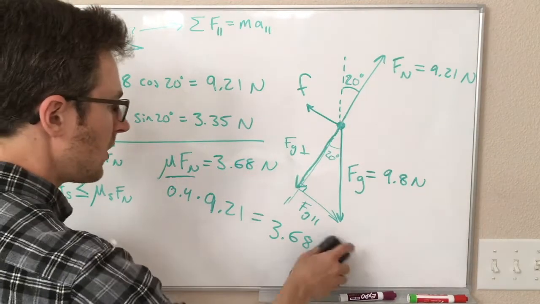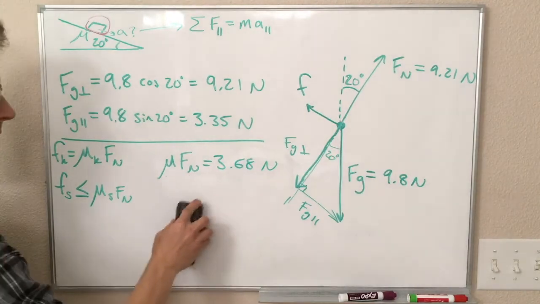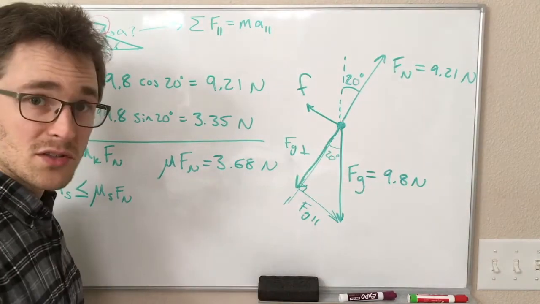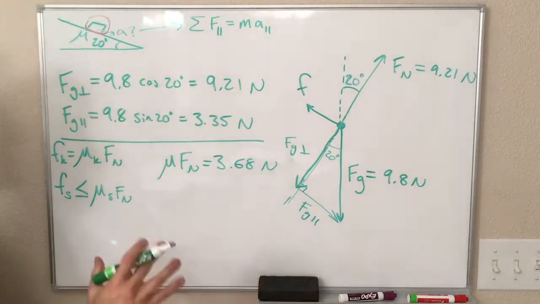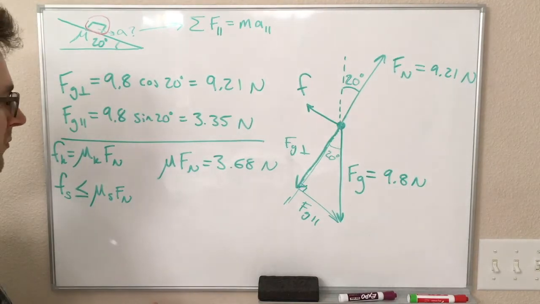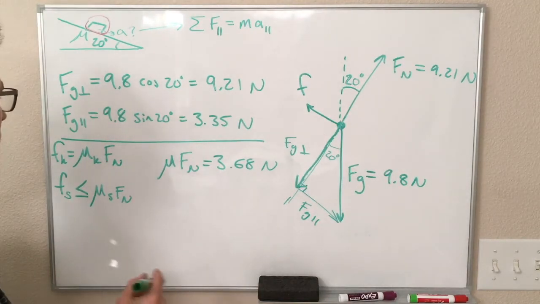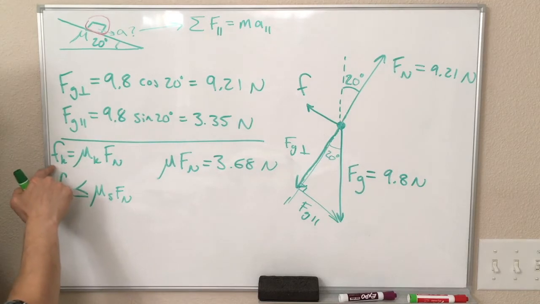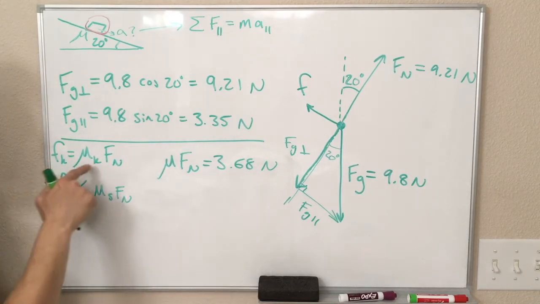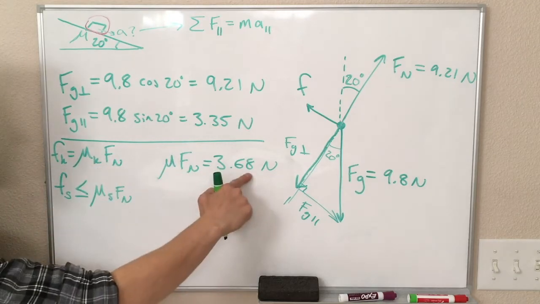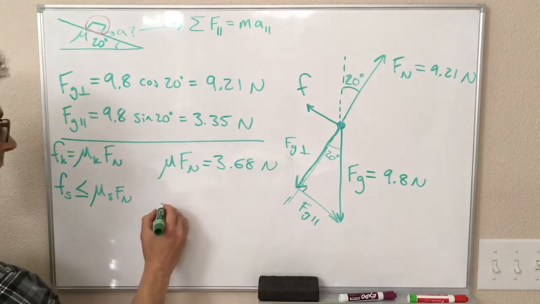So here's the question. Our block is starting motionless. We were told that it was not moving. And so if we plug in this value, so if we plug in the kinetic friction, that is, the friction force is equal to this, we get the following.